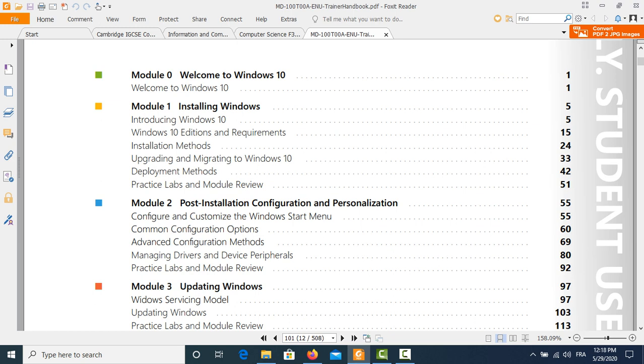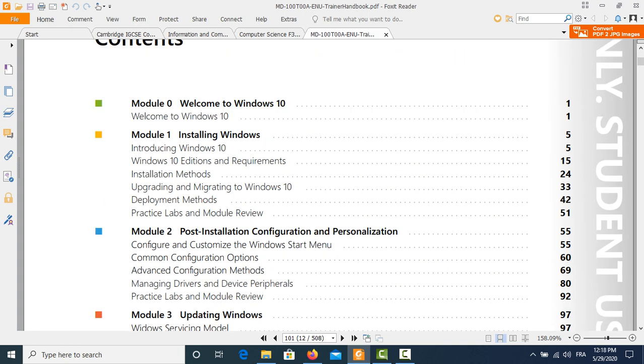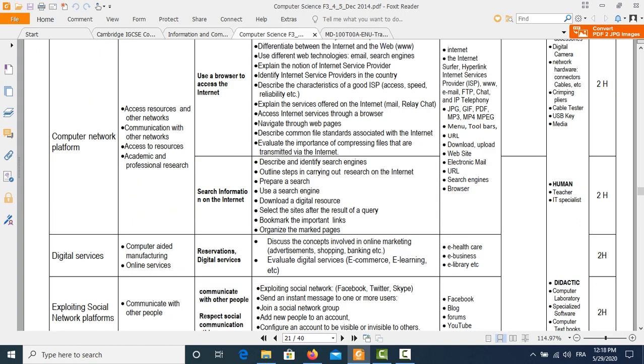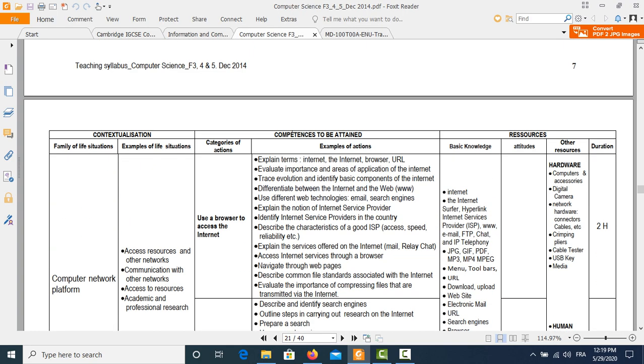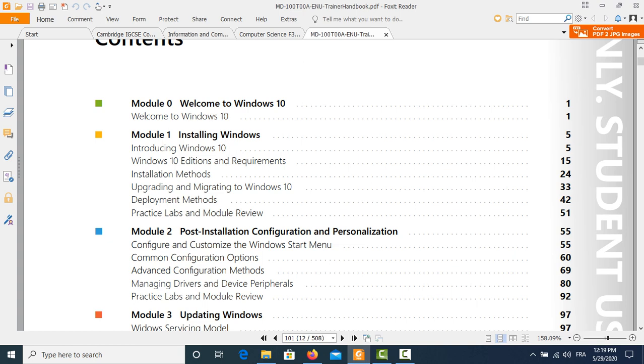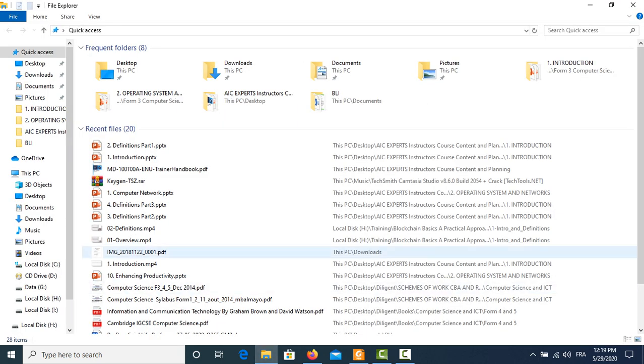So what we will try to do is to also break down the ministry syllabus into something like this: modules and lessons. So we have to take this table and come up with something like this. Now, I've already done that.